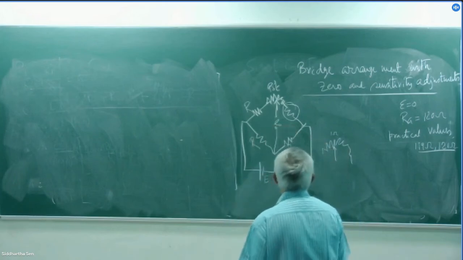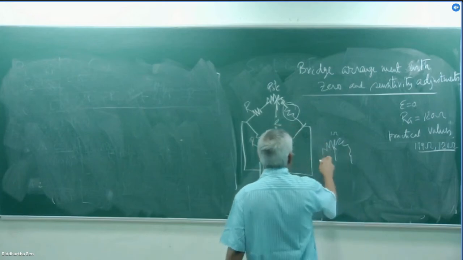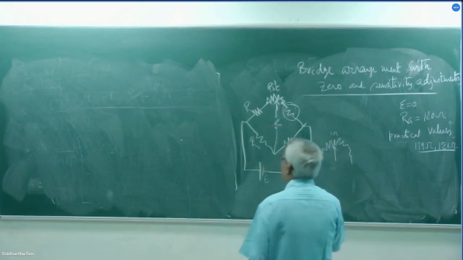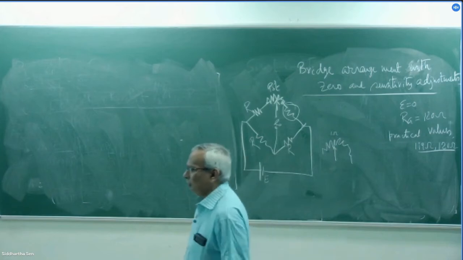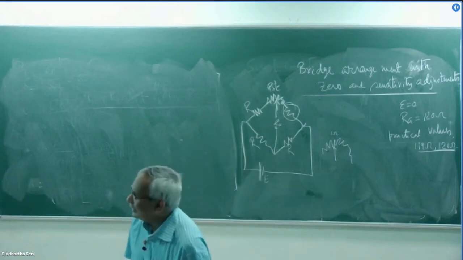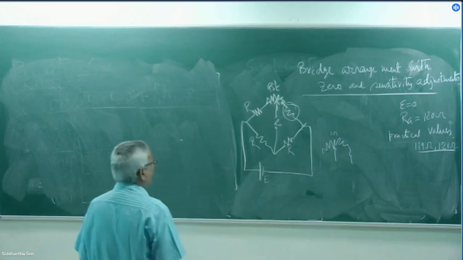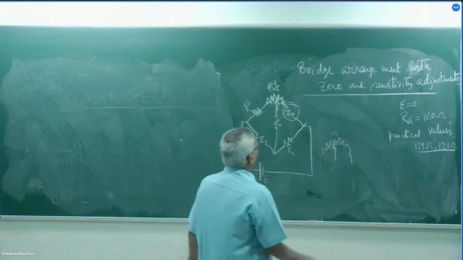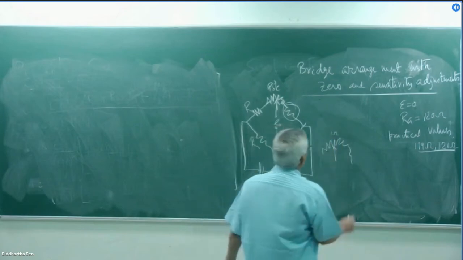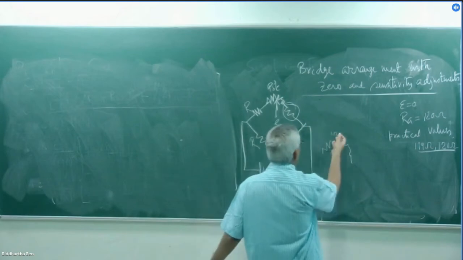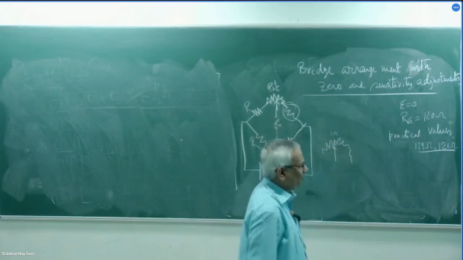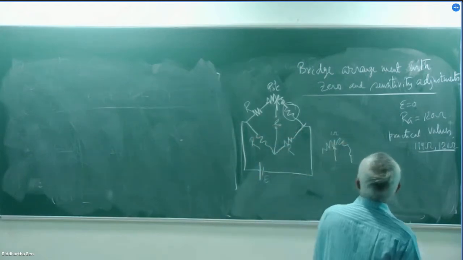It is so delicate that a slight movement will make the bridge unbalanced. So this is not a very good idea, because the potentiometer variation will be only 1 or 2 ohm, and exact balancing would be much more difficult.